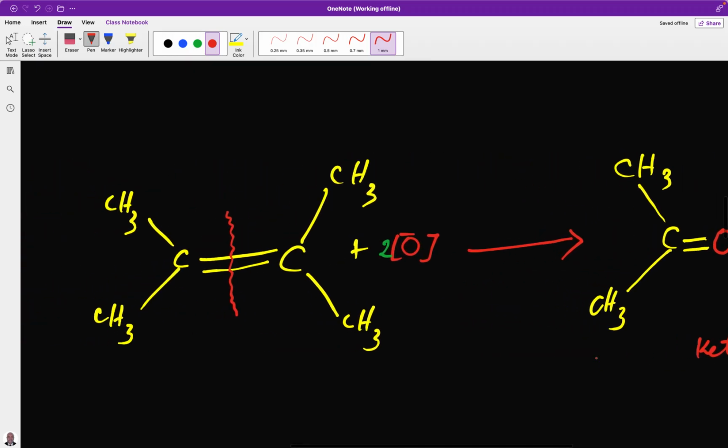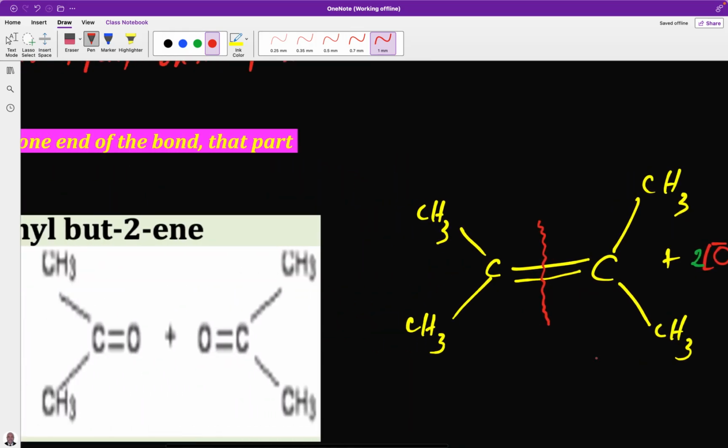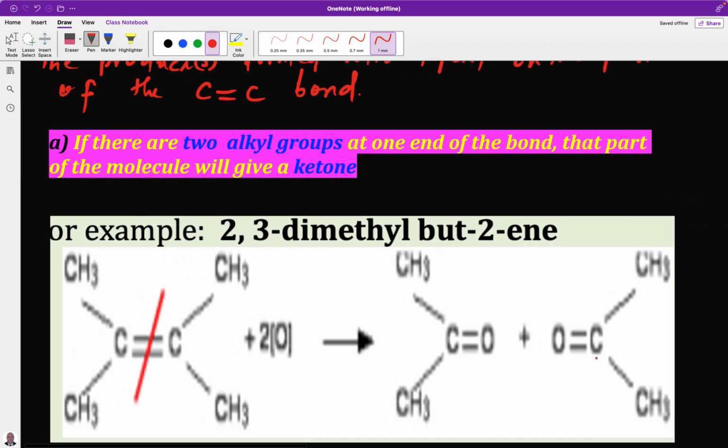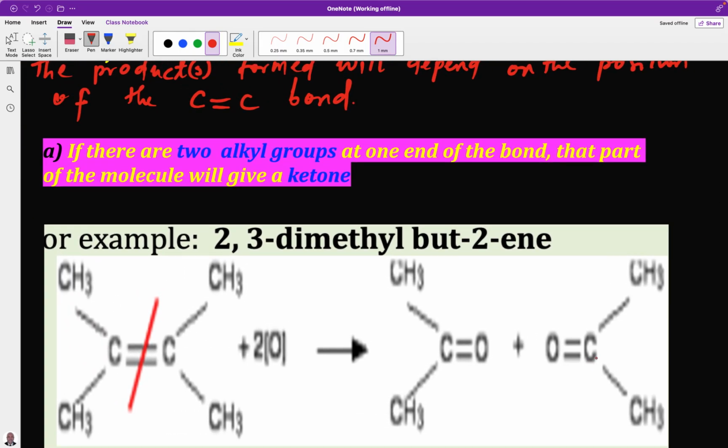So we said if there are two alkyl groups at one end of the bond, that part of the molecule will give a ketone. Our example is 2,3-dimethylbutene. Under this harsh condition, the carbon-carbon double bond does what? It splits. It breaks.